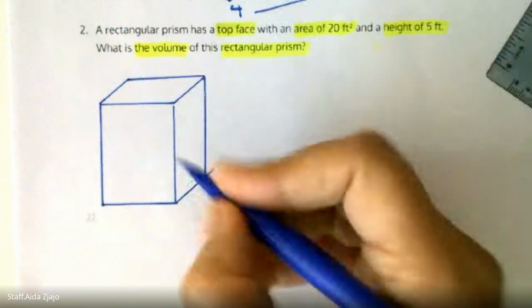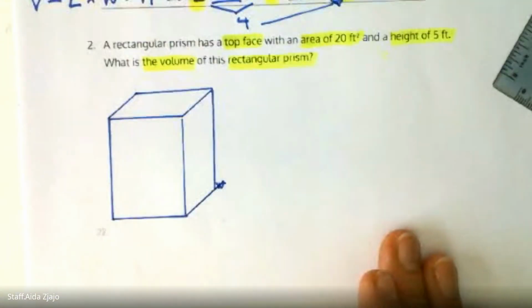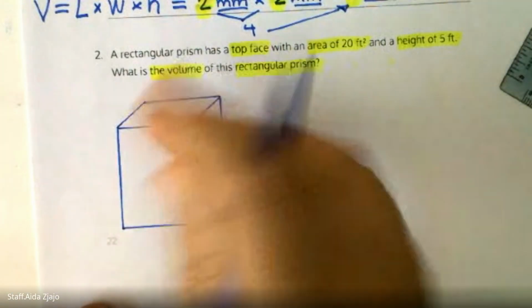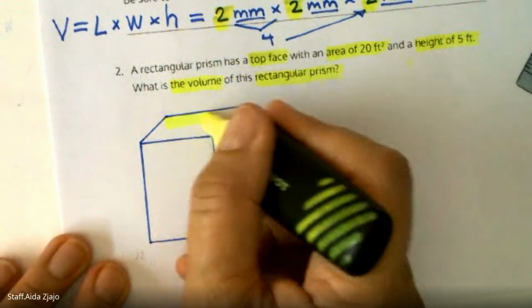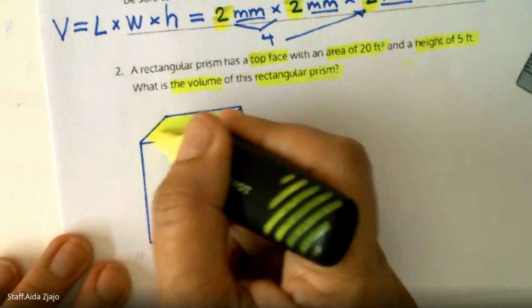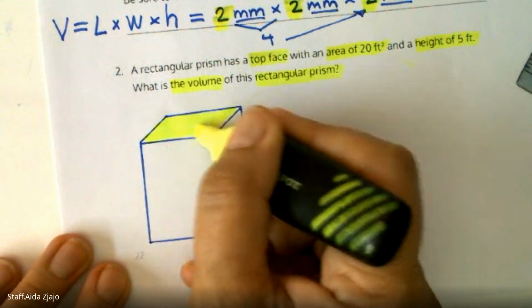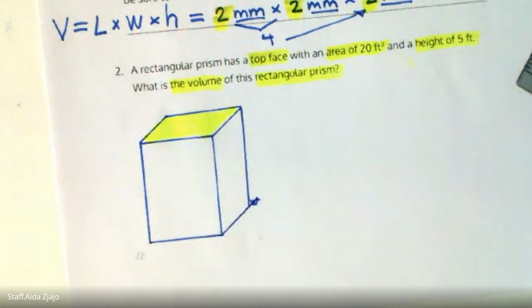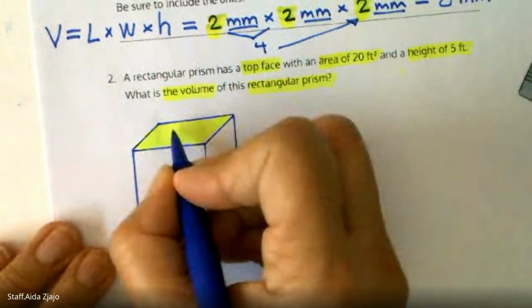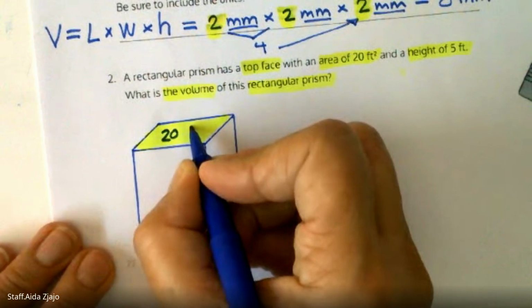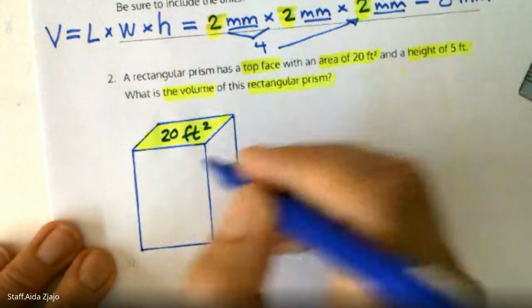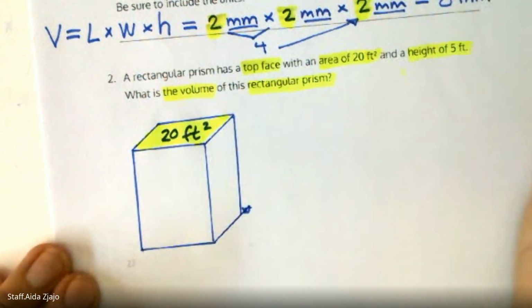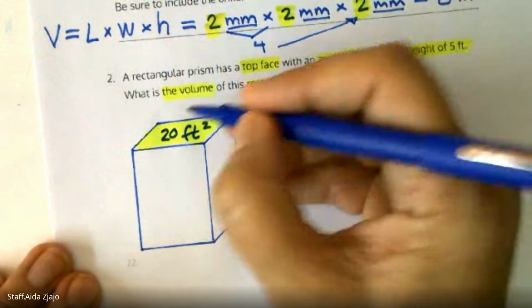Okay. This is kind of extra, so don't worry about that. The area of the top, what they mean, the top face is this. Whatever you hear, area has two lengths, the length and width. So the area of this one has to be 20 feet squared. You can think of different multiplication situations.